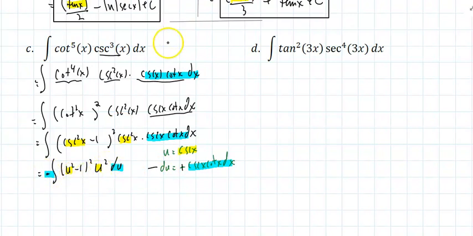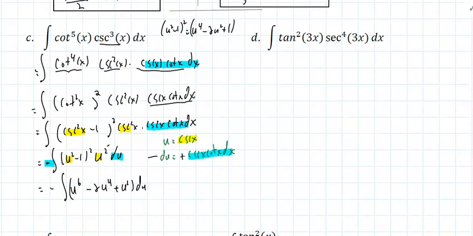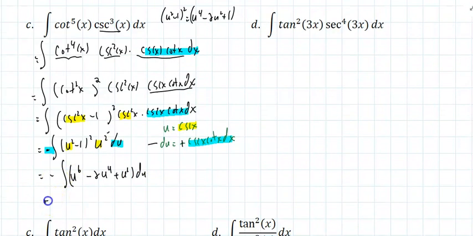If I take u squared minus 1 squared, that is u to the fourth minus 2u squared plus 1. And if I distribute the u squared in there, I know that's the integral of u to the 6 minus 2u to the fourth plus u squared du. And now it's nothing more than a power function, and those I could deal with.